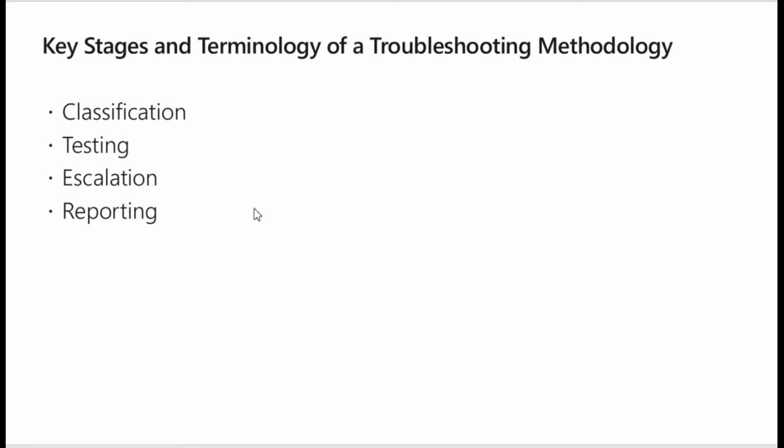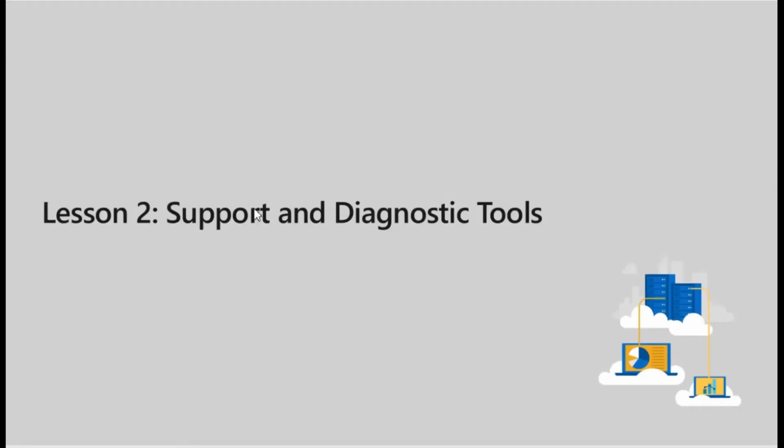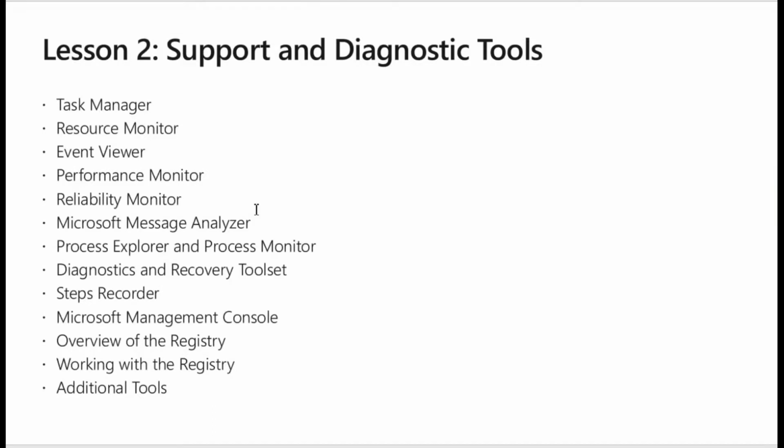So in the next section we're going to look at how we can use the support and diagnostic tools. For troubleshooting purposes, we have many different kinds of tools such as Task Manager, Resource Monitor, Event Viewer, Performance Monitor, Reliability Monitor, and Microsoft Message Analyzer.